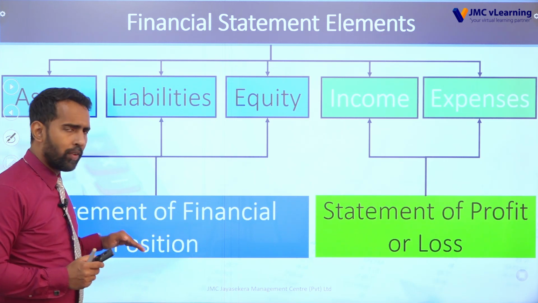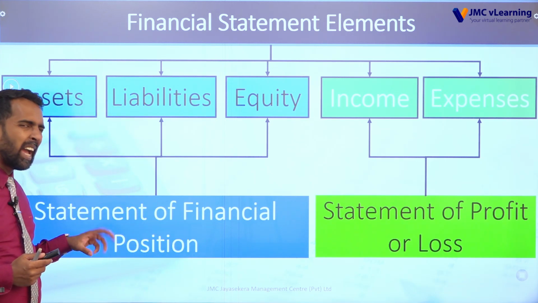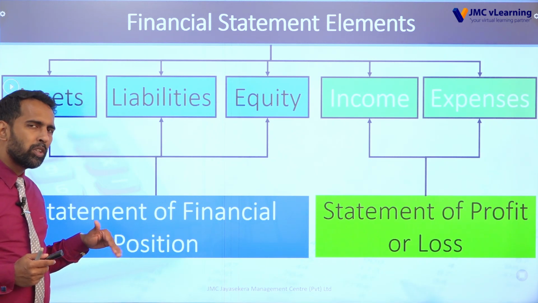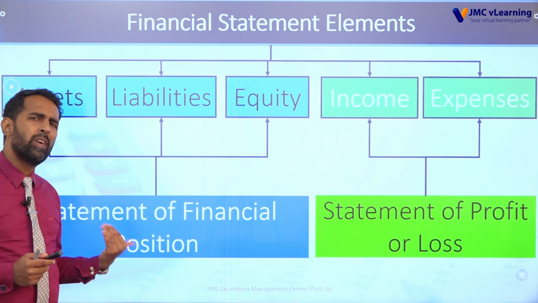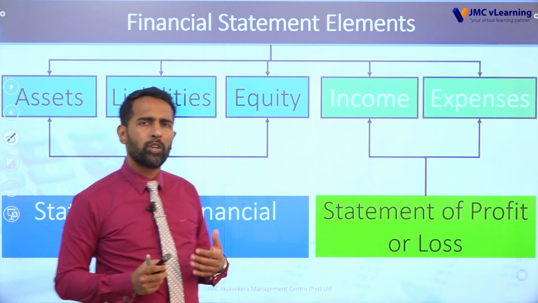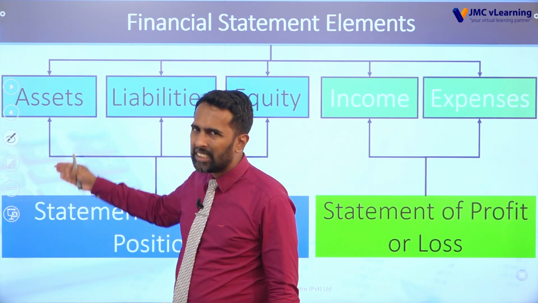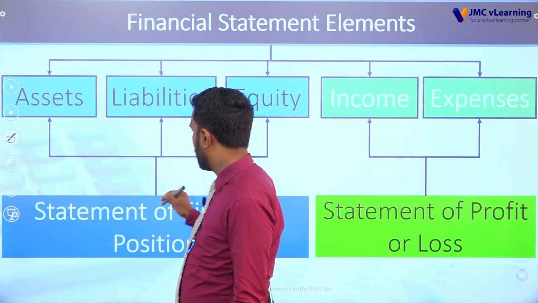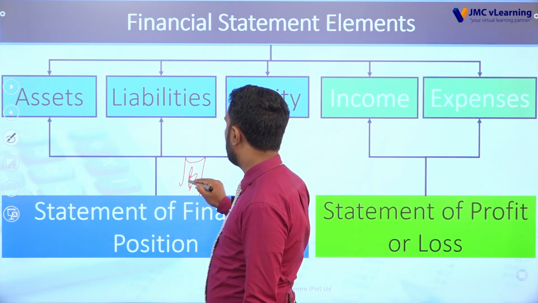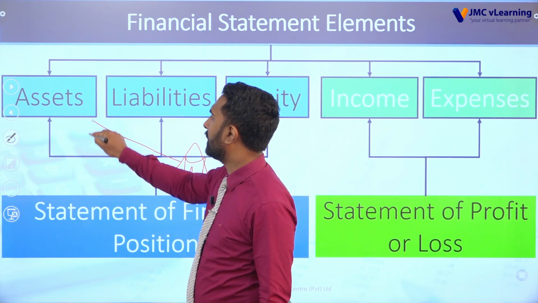And what do we do with the financial position? We assess the financial position of the company. What is the meaning of financial position? Financial position is how much of assets are there with the business. If you take a business, how much of assets are there?